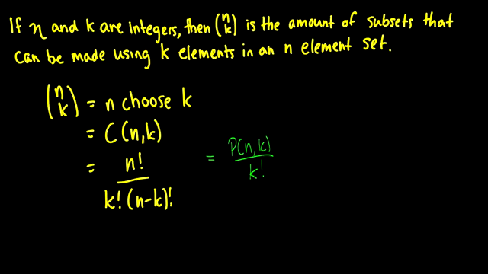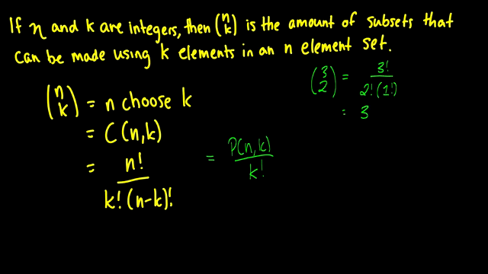In the previous example, you saw 3 choose 2, because we wanted 2 element combinations out of a 3 element set. With this formula, this is going to be 3 factorial over 2 factorial times 1 factorial, which is just 3.